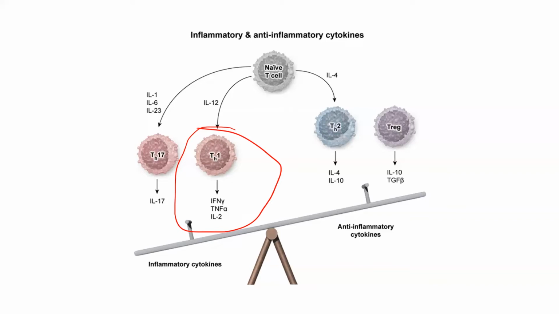It's going to be the most important one in regards to responding to tuberculosis and bacterial infections and viral infections, like in regards to creating walls and granulomas and walling off the infections so it doesn't get out of hand. We'll talk about granulomas in a minute. But it's very important to understand that Th1 is really the most important guy here.